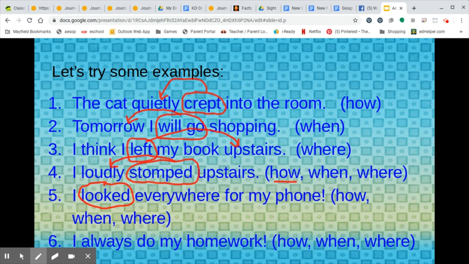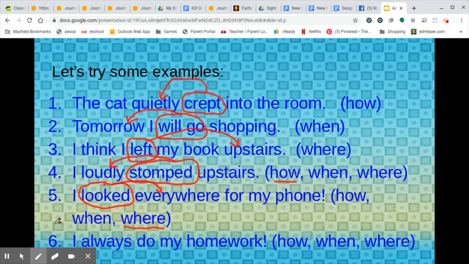Is there a word that describes how I looked, when I looked, where I looked? Well, I looked everywhere for my phone. So in this particular sentence, this adverb is telling where. It's describing where.